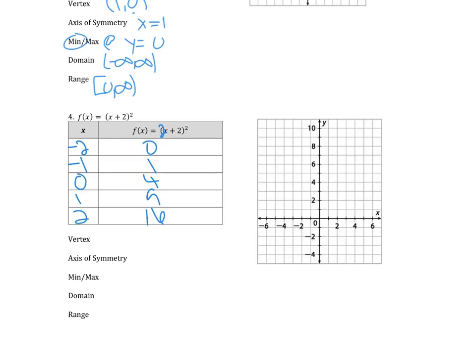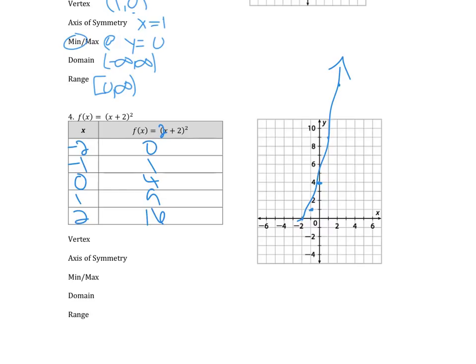So let's plot our points and see what we look like. So we get (-2, 0), (-1, 1), (0, 4), (1, 9), and then (2, 16), so somewhere up here. It looks like maybe one half of a parabola, so that's what's hard to tell: does it go back up?